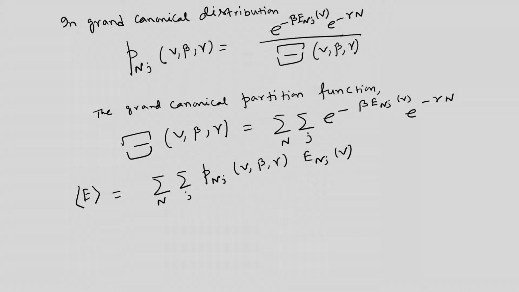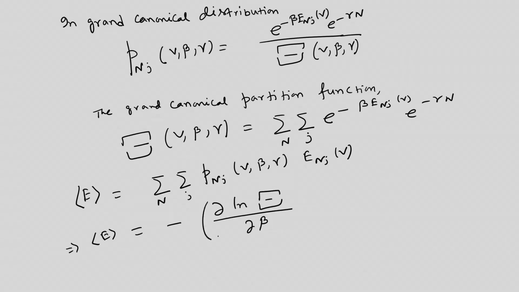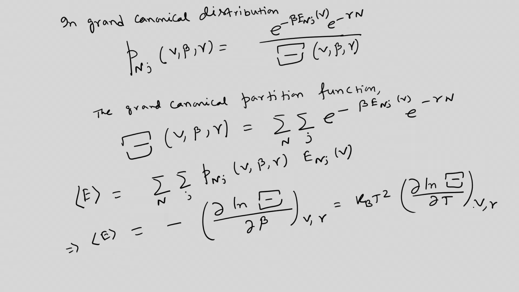The expression for average energy is P n j times E n j, and if we carry out this one, we get: if we differentiate log of theta with respect to beta or with respect to temperature, we get the expression for average energy, which is very similar to the one we obtained for canonical ensemble.